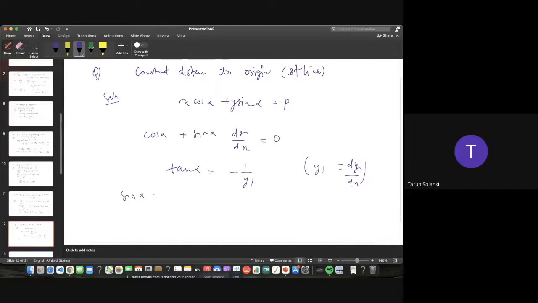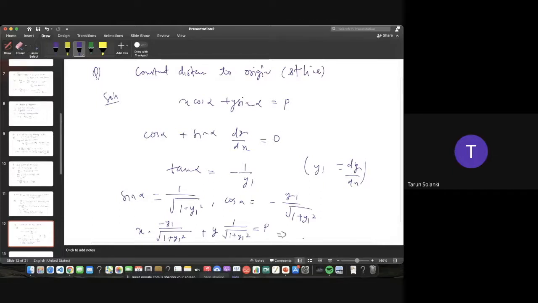So sin alpha will become 1 upon root of (1 plus y1 squared), and cos alpha will become minus y1 by root of (1 plus y1 squared). Putting in the first equation, we get x times minus y1 divided by root of (1 plus y1 squared) plus y1 upon root of (1 plus y1 squared) equals p.